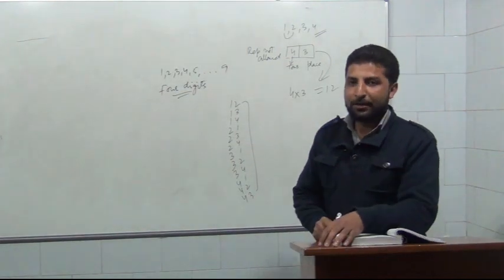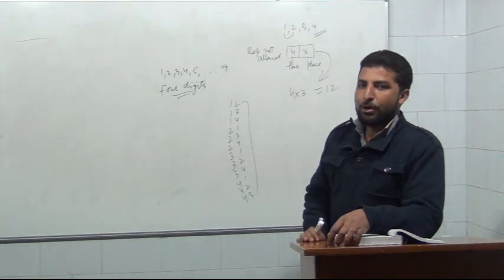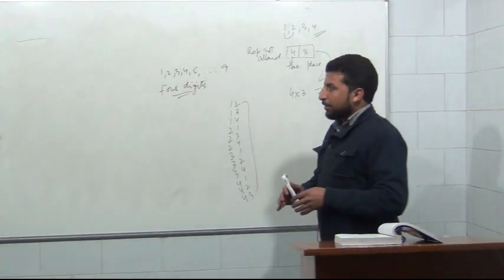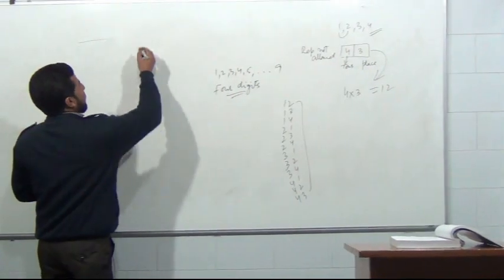Before I start our topic, let me first introduce you to some symbols used in permutation and combination. The first one, you must be already aware of, is factorial.